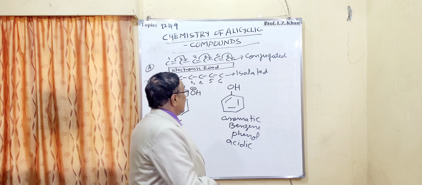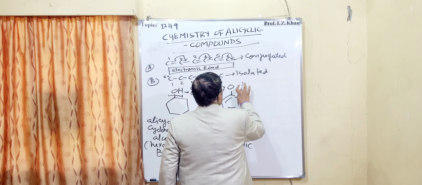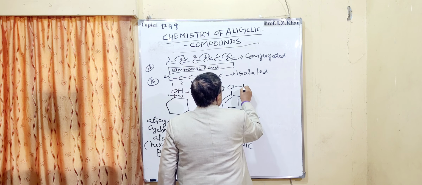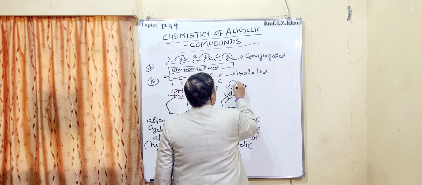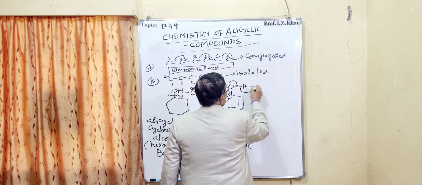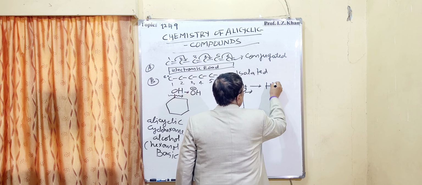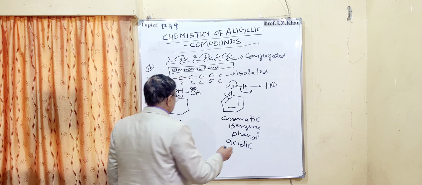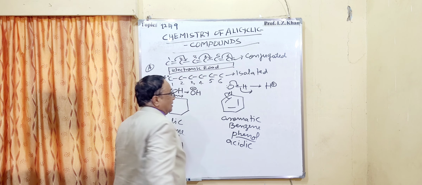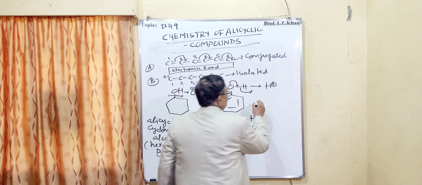So in this case, it is attached here. So what is happening? There is a resonance, so there will be a pi electron here, and this will go here and it will be released. So here in the case of phenol, proton is released.